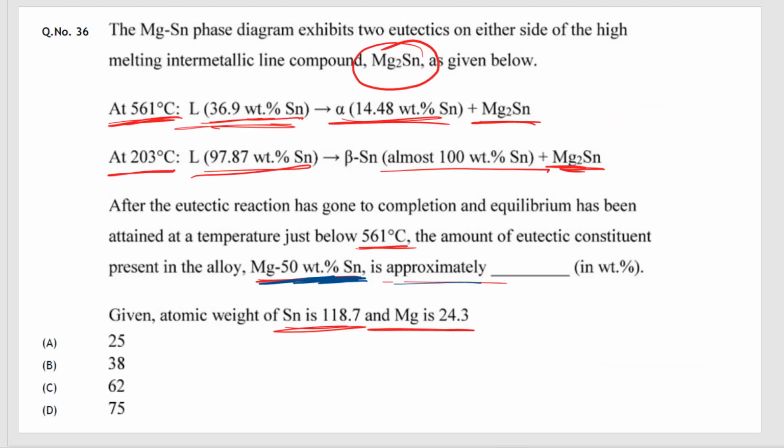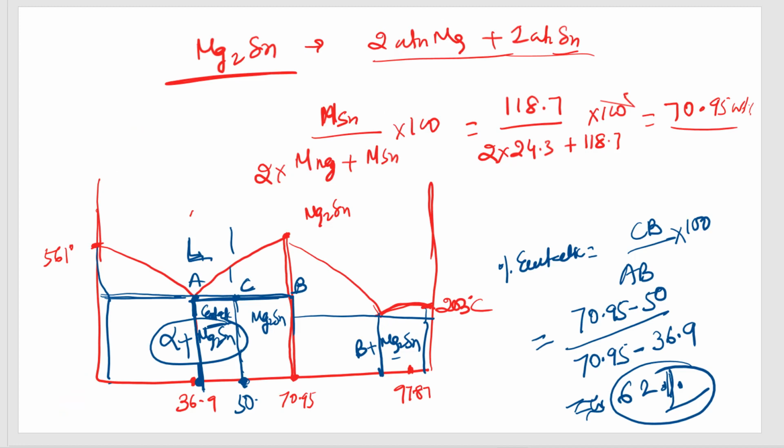So 62 weight percent is nothing but option C. Did you understand that for this type of problem you need to first draw the phase diagram like this, and after that you will be able to comfortably calculate the phases.